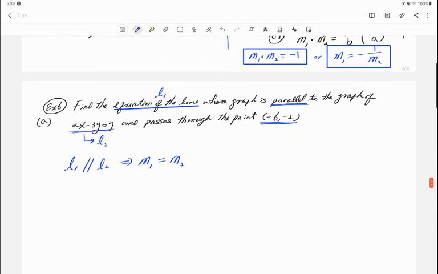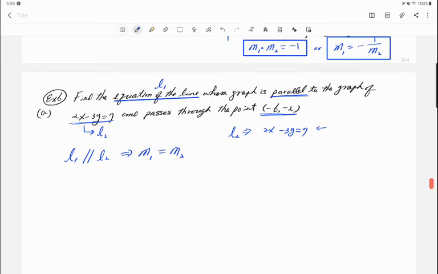So here, line 2 is 2x minus 3y equals 7. In order to find the slope, change this into slope intercept form, which means we rewrite it as y equals mx plus b. Then m will be the slope, right?